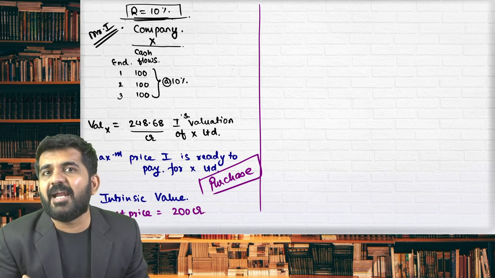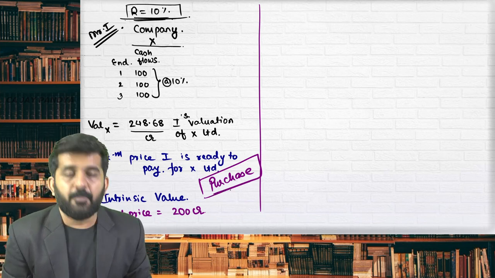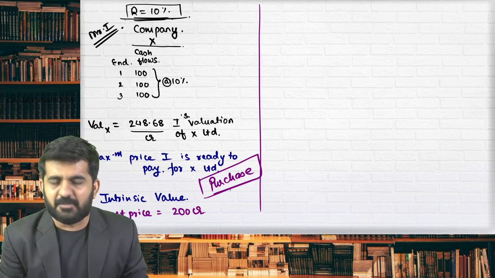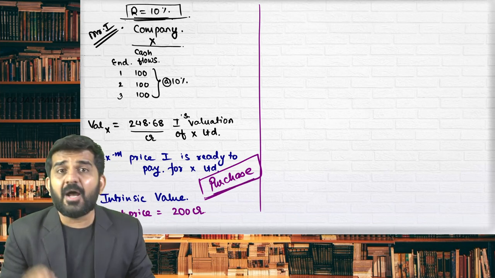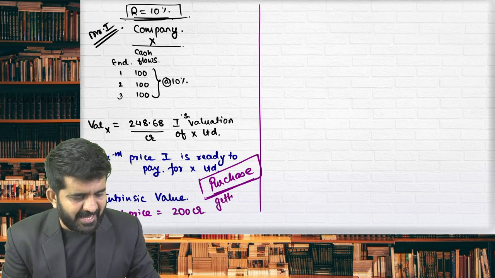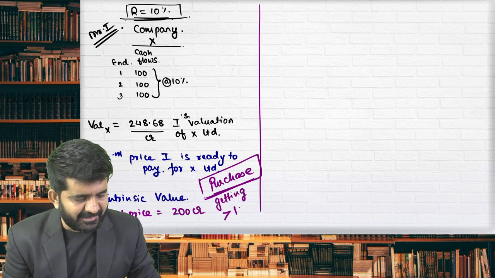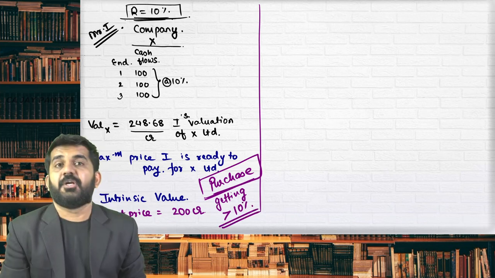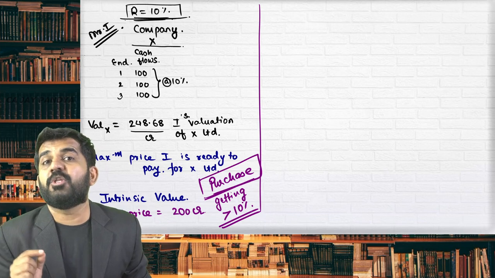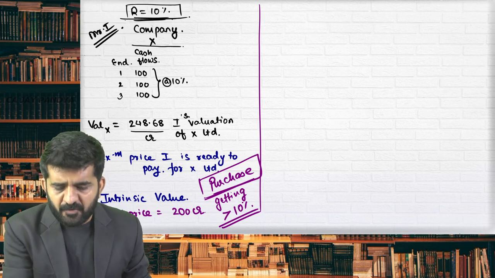It is available at 200. So you should purchase. Your NPV will be positive in a capital budgeting question. Your answer is purchase because I is getting greater than 10% rate of return. So when NPV is positive, you are getting more than your required rate of return.